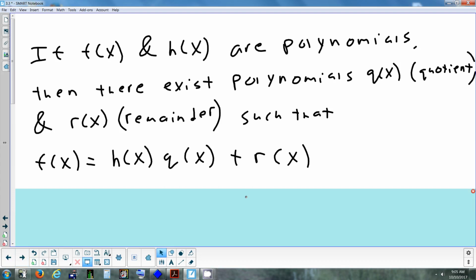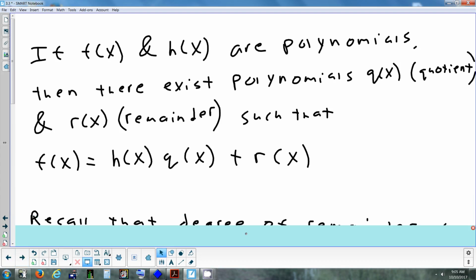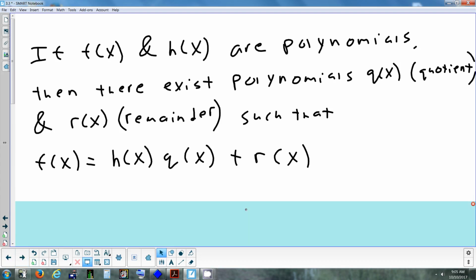All right, so this kind of seems a little confusing, but I'm going to show you this with numbers, and I think it'll make perfect sense. All right, so if f of x and h of x are polynomials, then there exists two other polynomials, q of x and r of x, which I'm calling quotient and remainder, such that this formula would be satisfied.